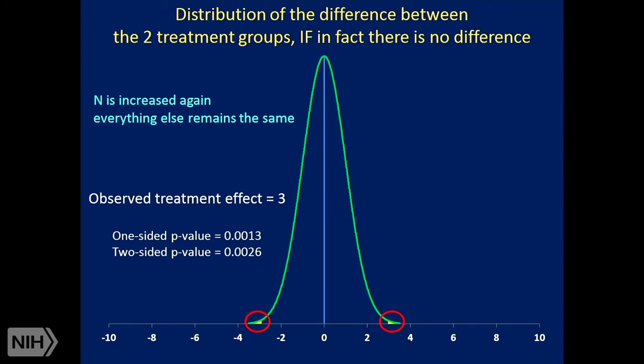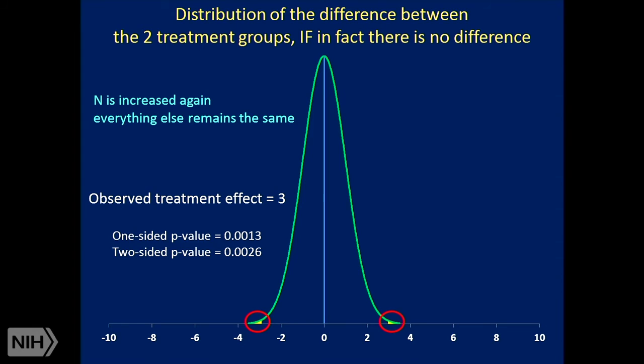The key question is, even if you find something that is statistically significant, is it clinically meaningful? You have to ask yourself, is 3 a clinically meaningful difference? So we always say statistical significance does not mean clinical significance.